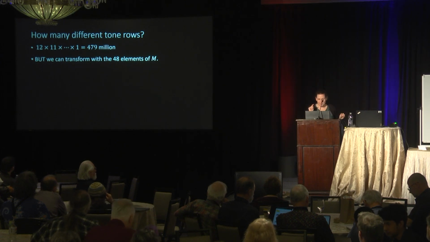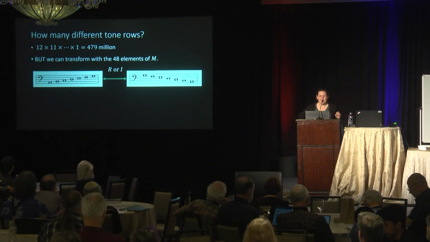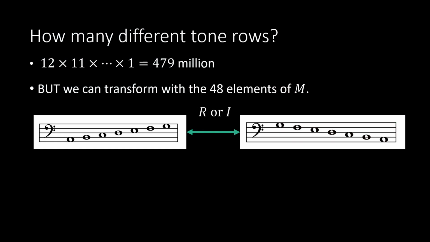But there's an issue, there's a problem with this. Here's the problem. I know this isn't a full tone row, but it's a string of notes, okay? We do take this string of notes. Now, you can play it backwards, retrograde, and you get the thing on the right. But you also get the thing on the right if you invert it about the central note.